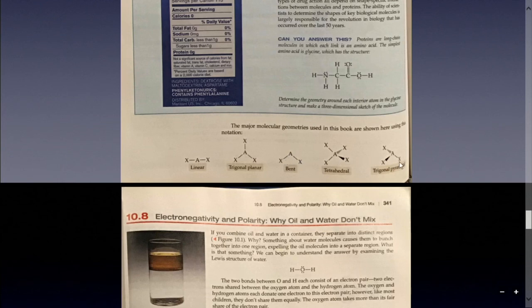Here's a trigonal pyramidal where one is going away, one is coming out at us, and one bond is just in the plane of the paper. Here's a trigonal planar representing that all of the bonds are in the plane of the paper, because remember, that's what planar means. It's all in one plane. There is no up or down from this arrangement here. Linear is the same way. It can all be in the plane of the page.